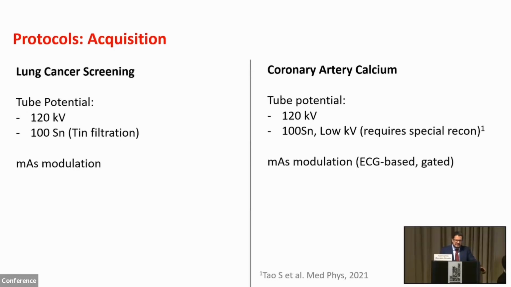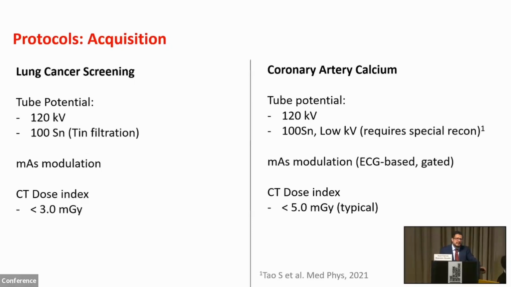In both types of examinations, there is mA modulation, and in the case of coronary artery calcium it is gated. The actual radiation exposure tends to be a little higher in calcium screening scans. It doesn't need to be, but that's just more average. And for coronary artery calcium, in an ideal scenario, you want to do those with gating.